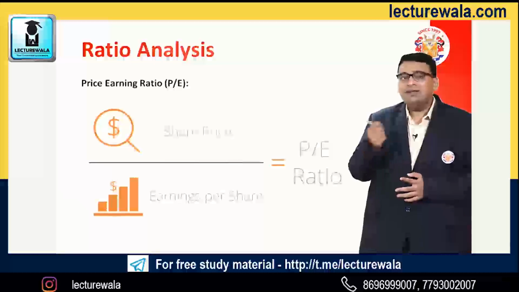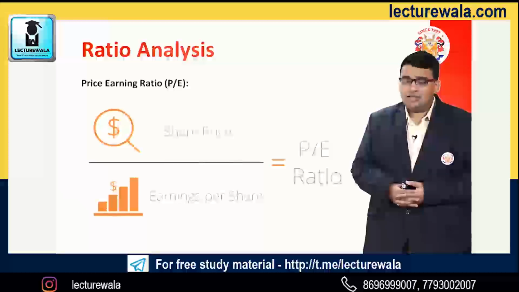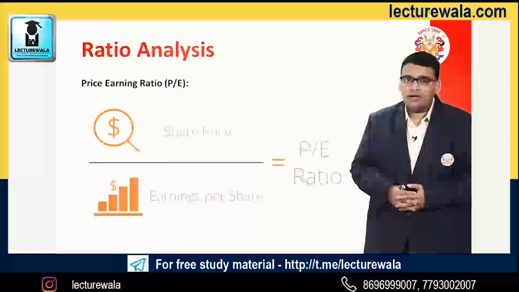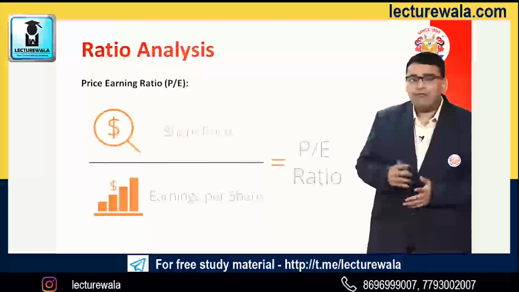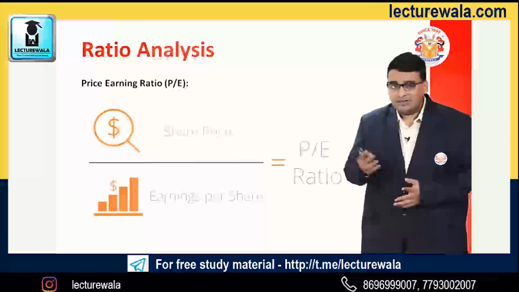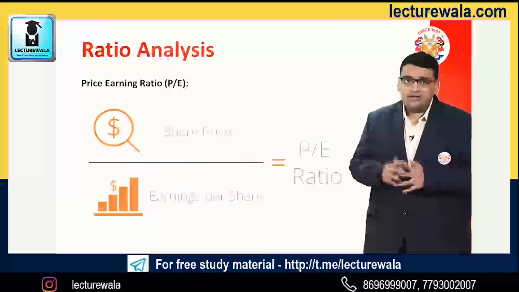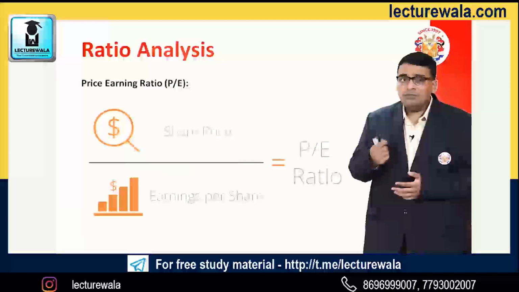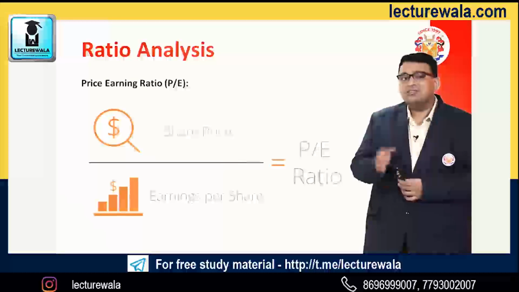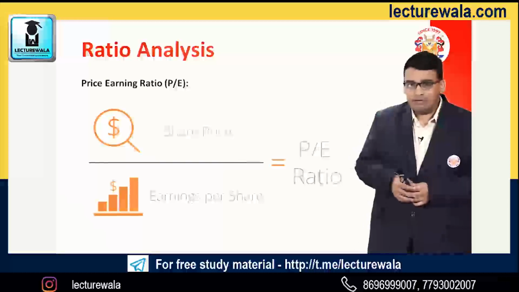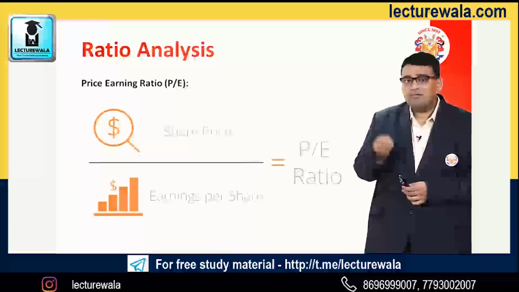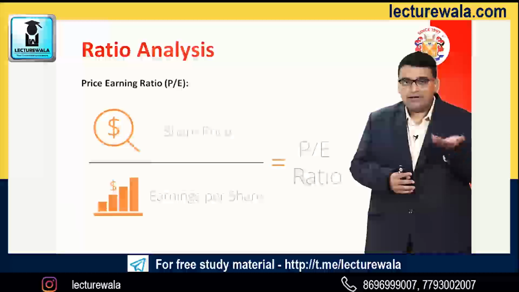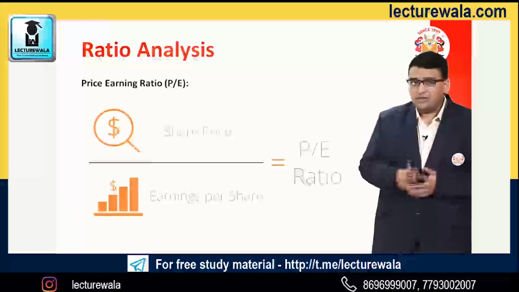If the existing shareholders or potential investors see that the company is growing every year, its EPS is increasing, and it is in a very good position, people will start investing in that company's shares. As a result, the demand will increase, and due to the increase in demand, the price of the shares might increase in the stock market.